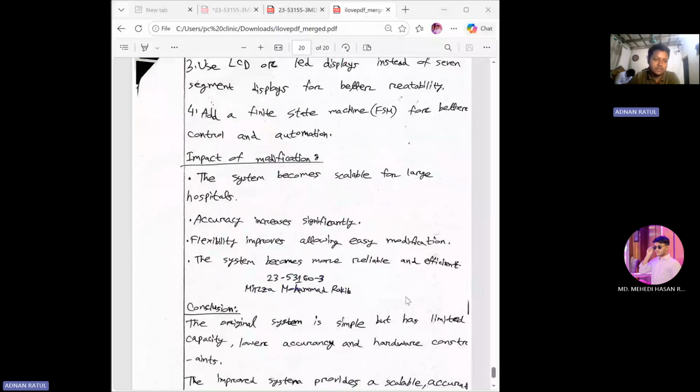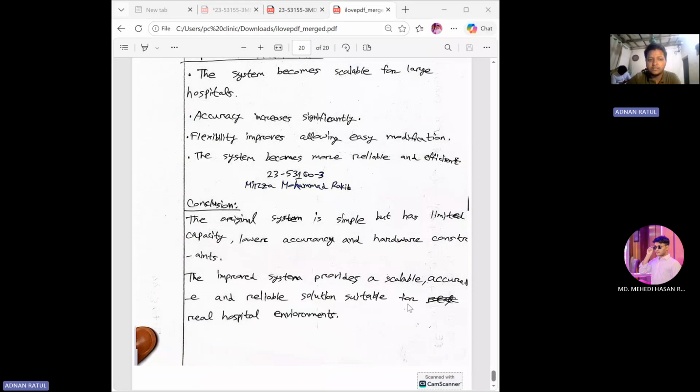Then we will use LED or LCD displays instead of 7-segment displays for better reliability. Add a finite state machine FSM for better control and automation. Then the impact of modification: the system becomes scalable for large hospitals.